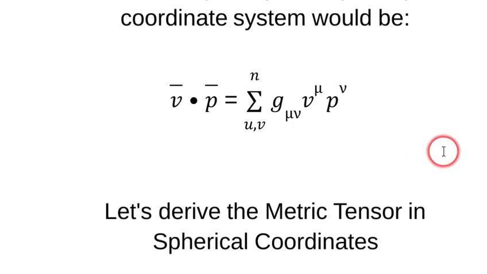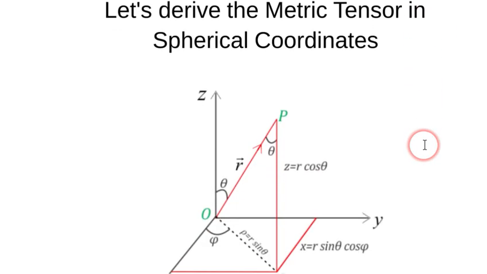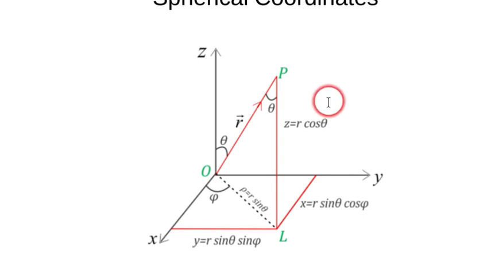Now let's do something a little bit more complicated. Let's derive the metric tensor in spherical coordinates. Okay, so here's what we're going to do. We have a vector, and we've superimposed this on a three-dimensional Cartesian frame, x, y, z.